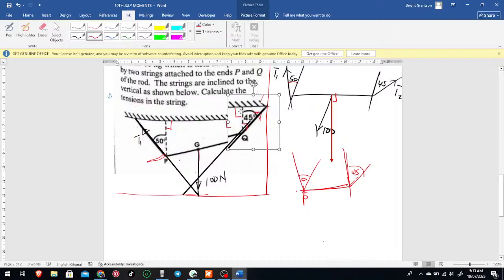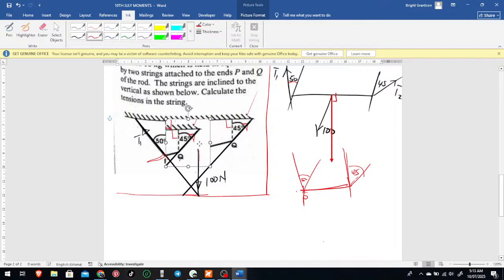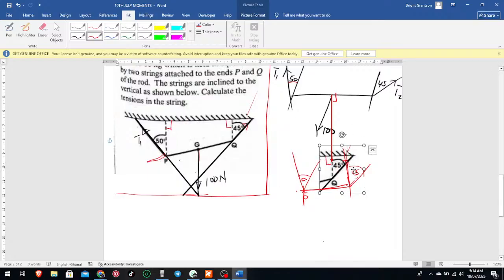I don't know if I bring this line, this is this line. That means the angle there is 45. But there's another angle behind the 45. Are you seeing it? There's another angle here.